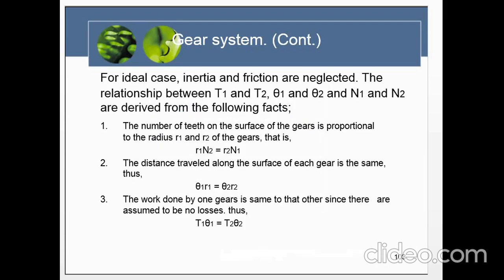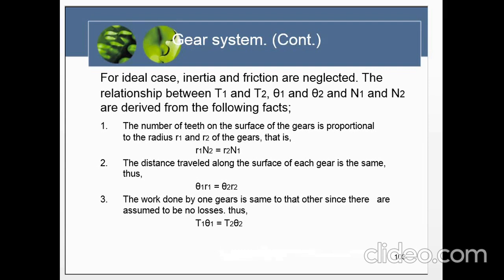Okay, in the ideal case, where inertia and friction are neglected, the relationships between T1, T2, theta 1, theta 2, and N1 and N2 are derived from the following facts.